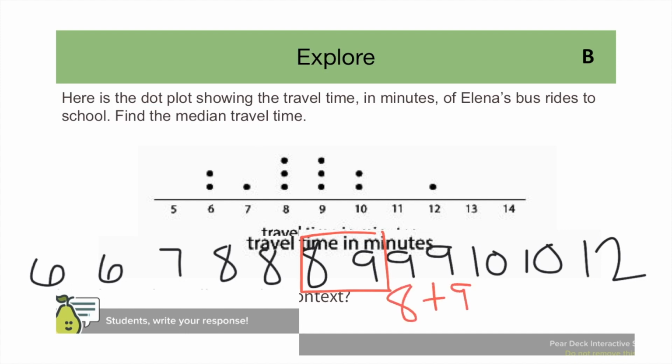So 8 plus 9 divided by two comes out to be 8.5. What does the median tell us in this context? A sample response would be the median of 8.5 tells us that half of Elena's trips to school took 8.5 minutes or less, and the other half took 8.5 minutes or more.